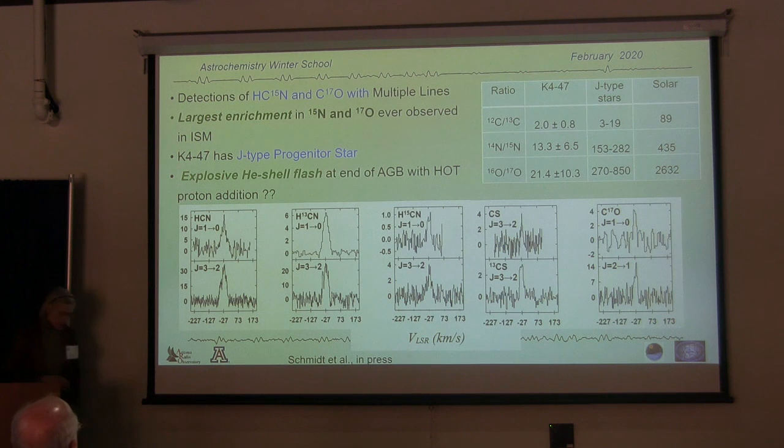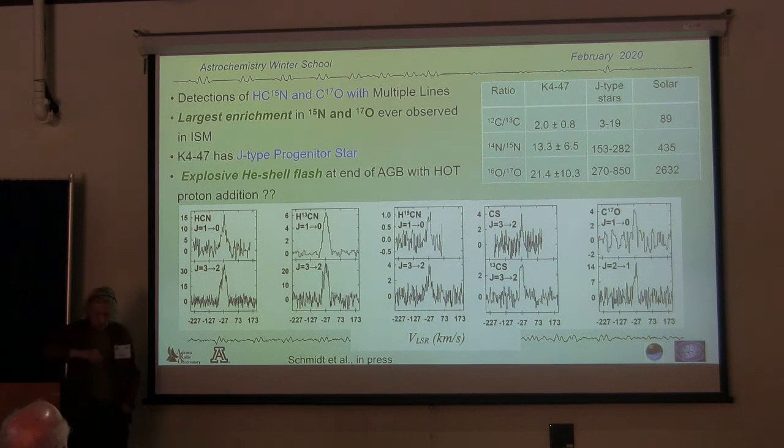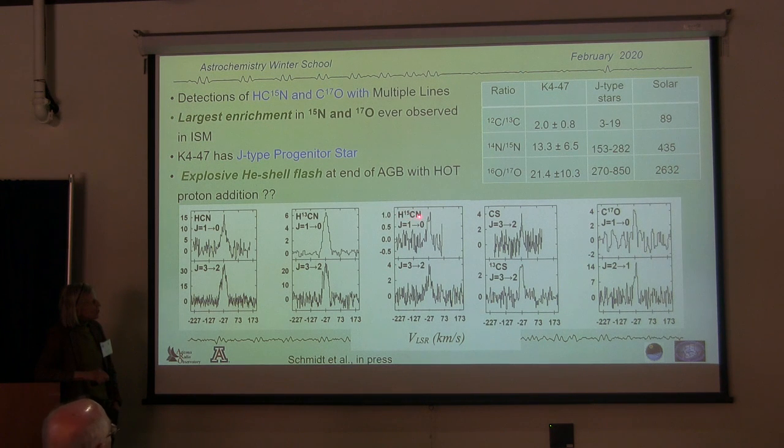Now, another interesting thing is that you see all these carbon-13 substituted lines. Well, there were some other interesting isotopic detections. We were able to measure HC15N. Remember, the 14 to 15 ratio that's predicted for CNO cycle nucleosynthesis is 30,000, okay?